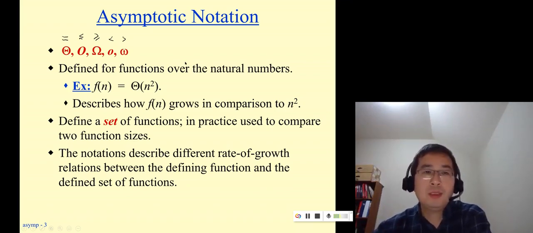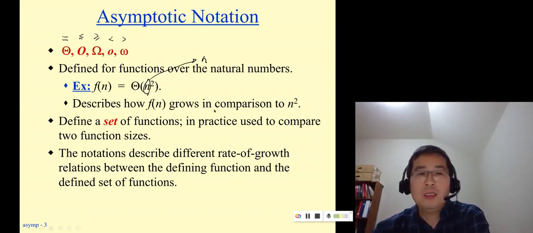So for example, for this one, we define the functions over the natural number n. Why do we use n? Just because we use n to decide the size of the problem. And then we want to know how f of n will grow with the increasing of n.